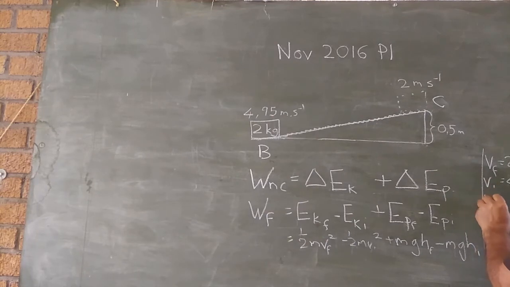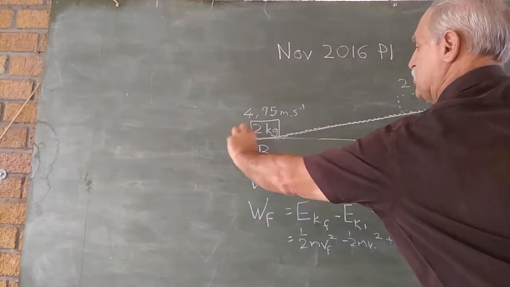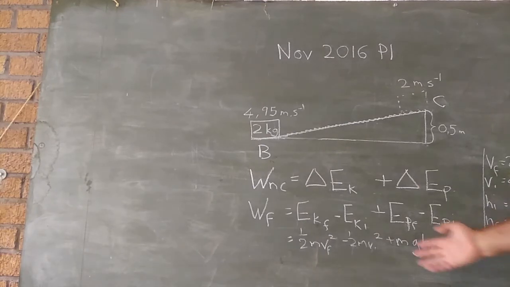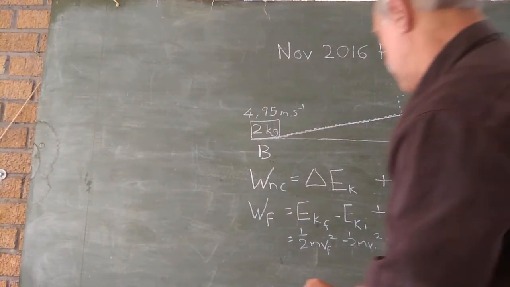Height initial is, if we take that as our baseline, it's got 0 height. H final is going to be 0.5 meters. Is there anything else? G is equal to 9,8. And M is equal to 2. So let's plug in our values.